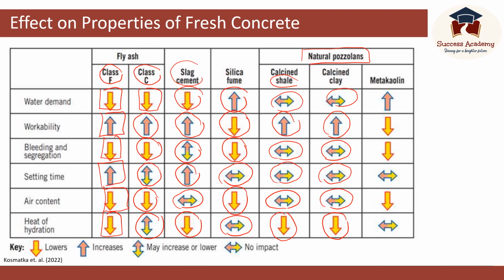And this one increases the water demand, decreases the workability, decreases the bleeding and segregation, no effect on setting time, and reduces the air content, and no effect on heat of hydration.